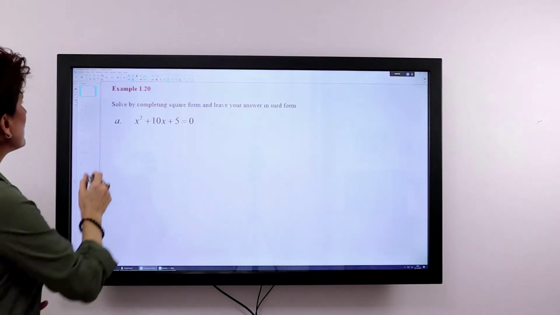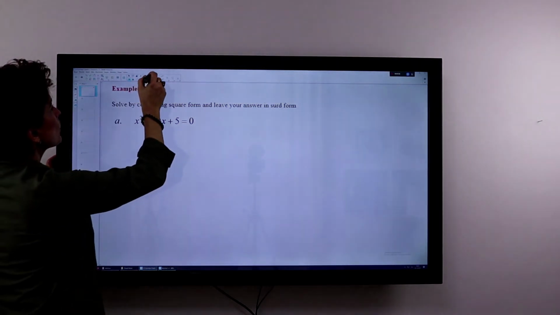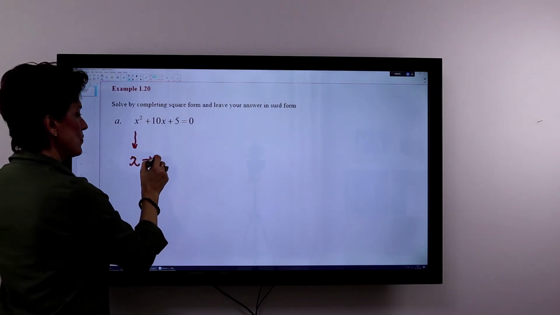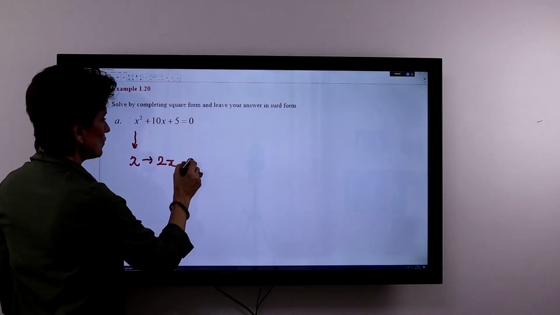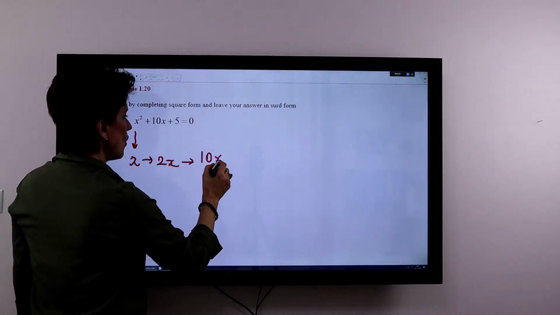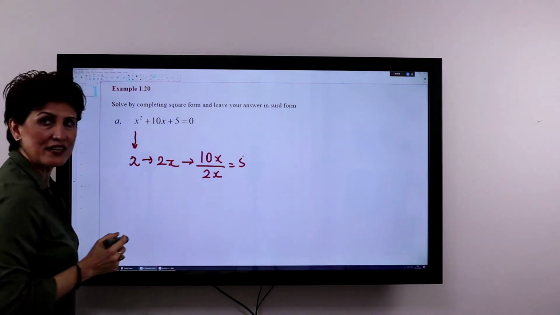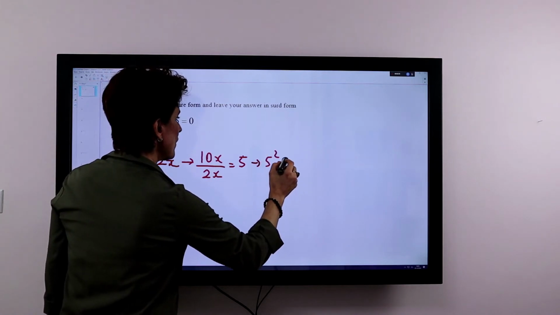What did we do before, dear students? Which term squared gives x squared? x. Multiply by 2x. Divide the middle term by 2x: 10x over 2x is 5. But we need to have 5 squared, which is 25.